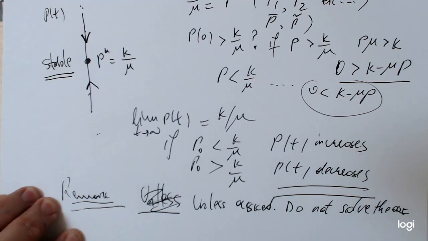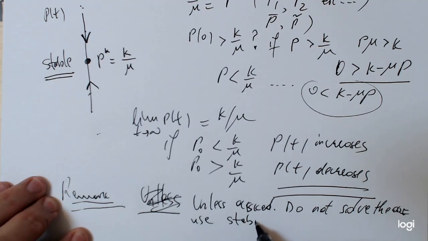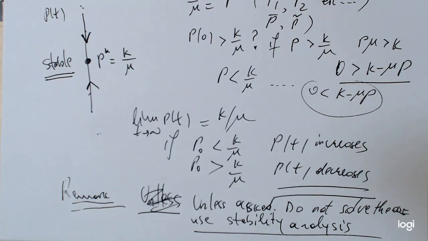Do not solve the model, just use stability analysis. There will be another context in which we actually solve the ODE, but we'll get to that later. Apart from those two cases, we don't solve the ODE explicitly.